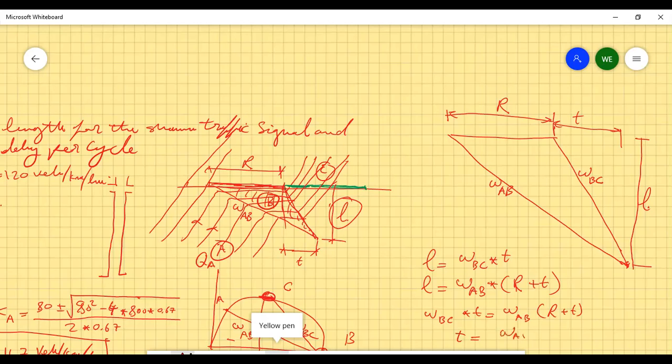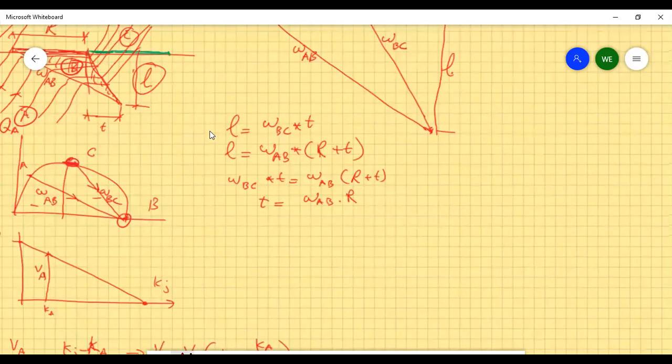Omega AB multiply R divided by omega BC minus omega AB.